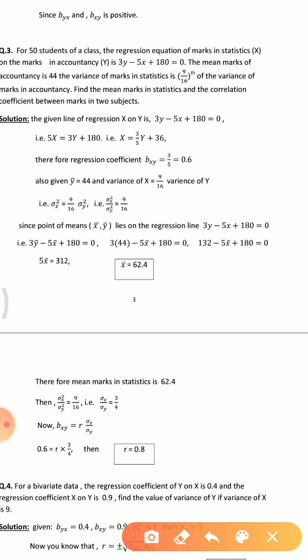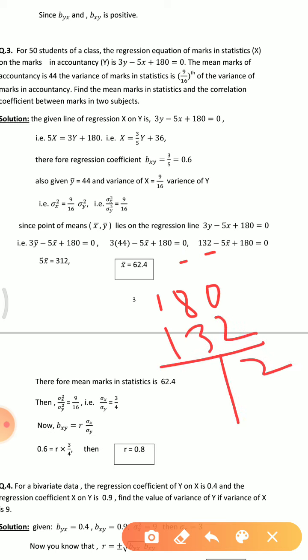Multiplying 44 into 3 gives 132, then minus 5x bar plus 180 is equal to 0. Then we add 180 plus 132, which is equal to 312.